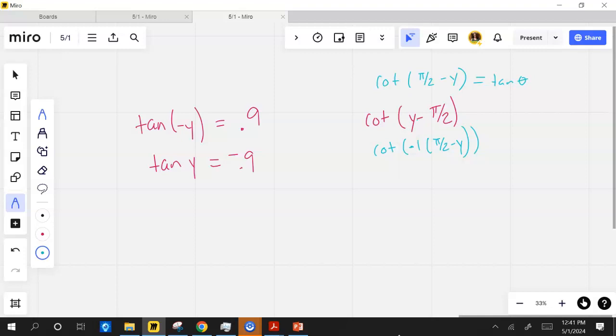Now look at cotangent negative theta. What's the cotangent of negative theta? Look at your even odd.